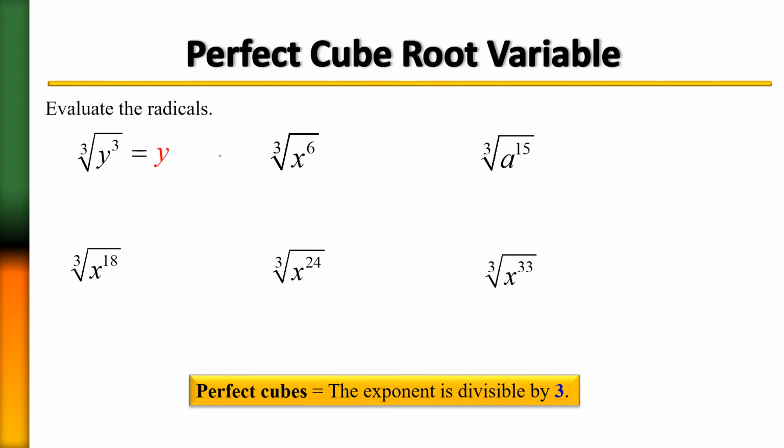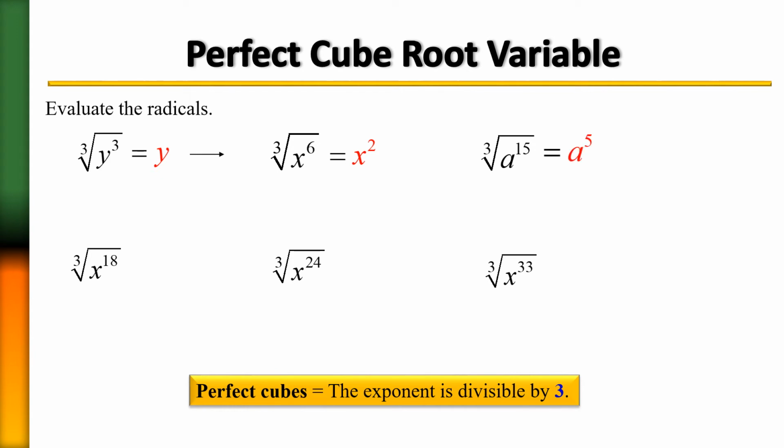Let's go to the next example. 6 divided by 3 is 2, so the answer to that is x squared. A to the 15th, since 15 is divisible by 3, the index, so the answer is what? Yes, a to the 5th power.